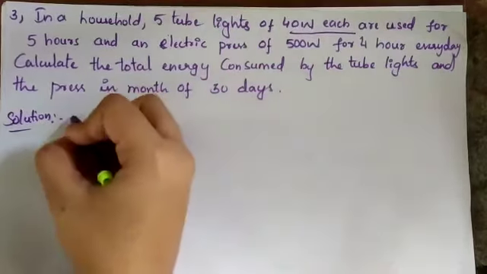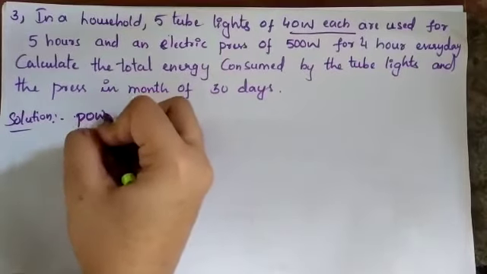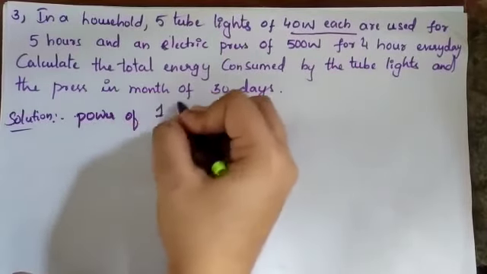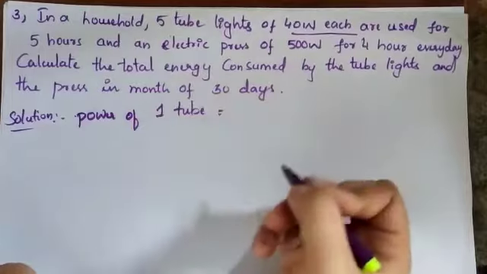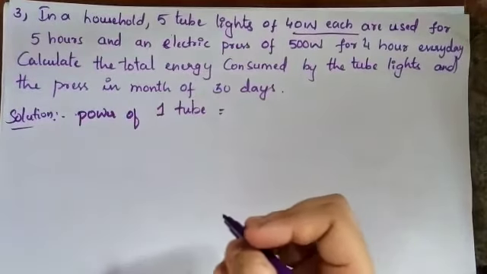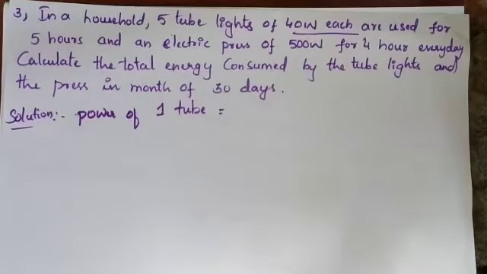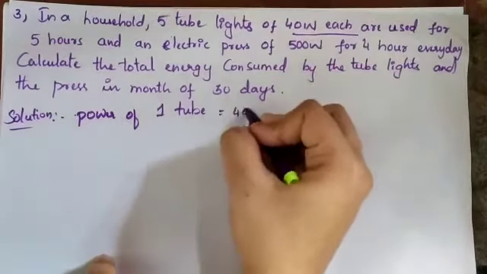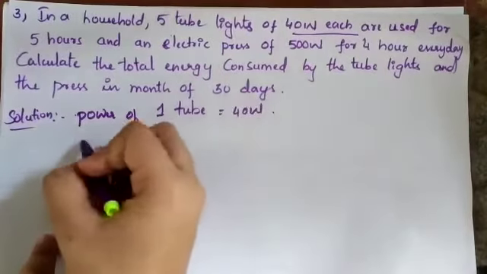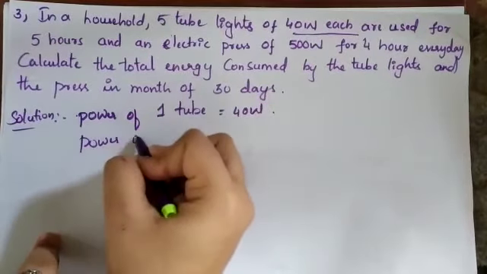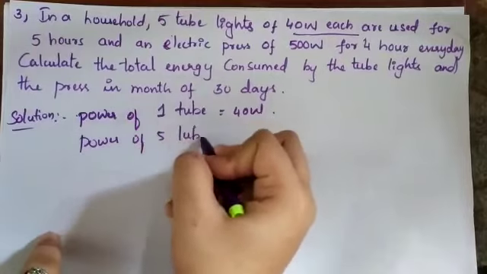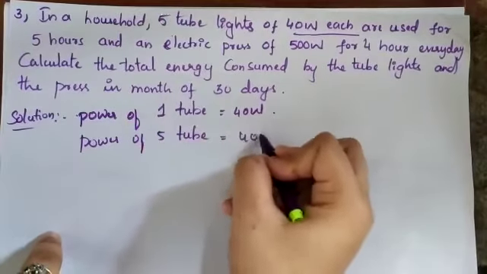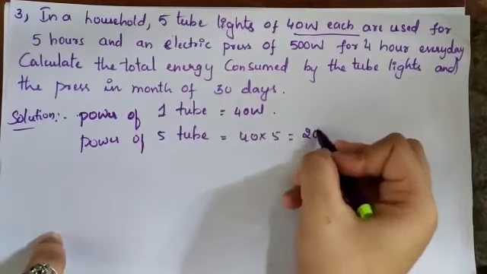So you have to read the question properly, because there only you are having the answer. 40 watt, they have not given it for 5 tube lights, they have given it for 1 tube light, because each is there. So now the power of 5 tube lights will be equal to 40 into 5, so I'll get 200 watt.